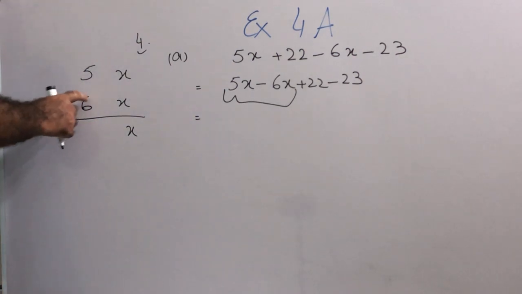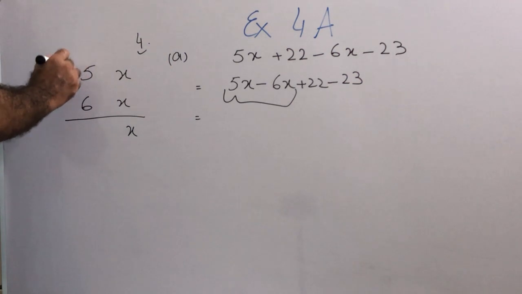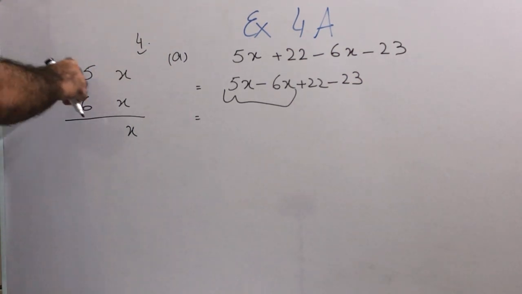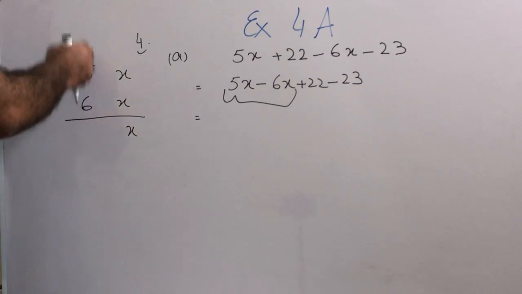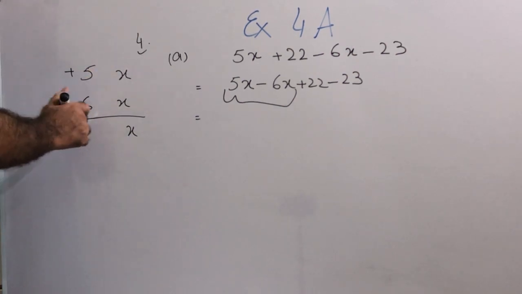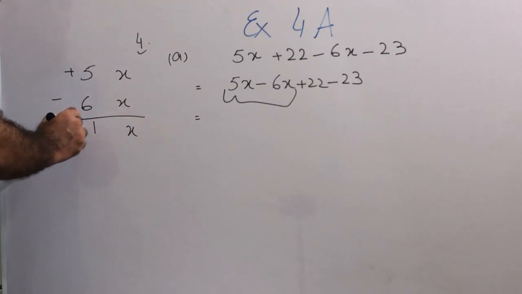Here the coefficient, this 6 is a loan and 5 is a plus sign. This is in your pocket. So from your pocket you will pay off the loan. Your loan will come down by $5. It remains $1. Put minus sign.